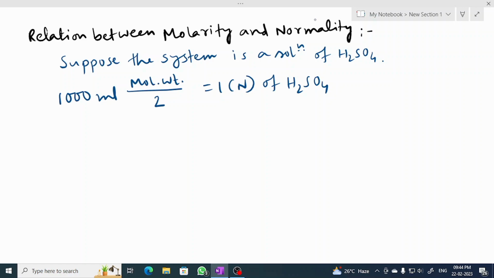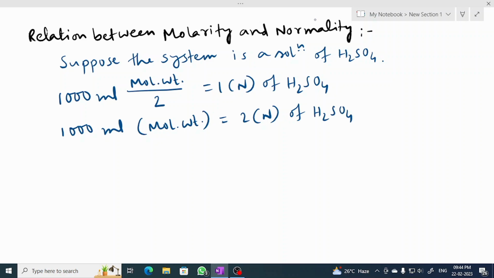So basicity is 2. So 1000 ml, molecular weight by 2 is 1 normal H2SO4. Now 1000 ml molecular weight, this is just a trick, is 2 normal of H2SO4. So it's cross multiplication and we get that 1000 ml molecular weight is equal to 2 normal of H2SO4. Now what is molecular weight?